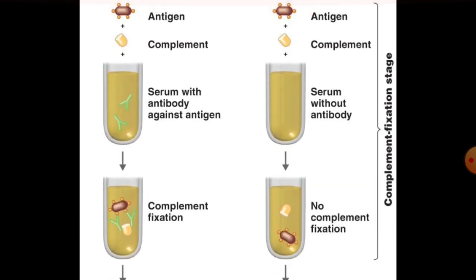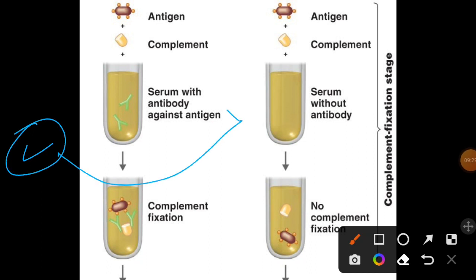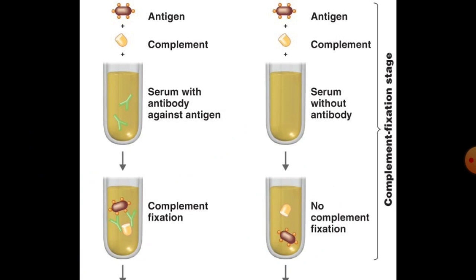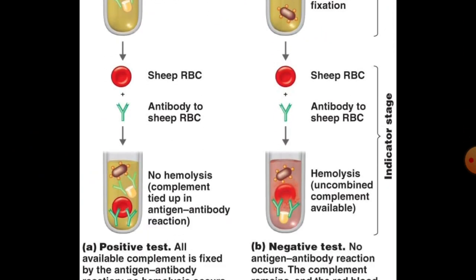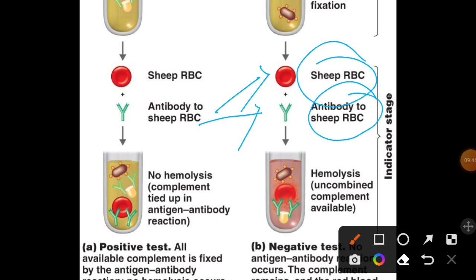Okay, now in the other test, that is for patient number 2, there is no antibody present in the serum, right? So upon addition of antigen and complement, no complement fixation will occur, but we don't know. That is why we have to perform the indicator stage. So when we add the sheep RBC and antibody to sheep RBC, the color of the solution changes, converting into red.